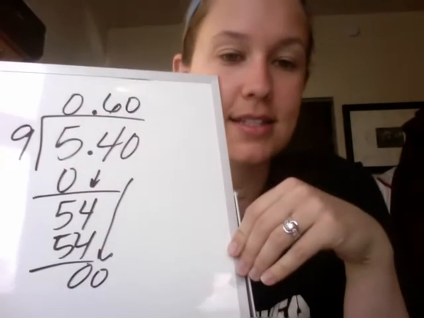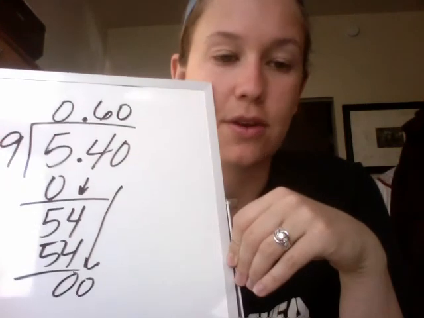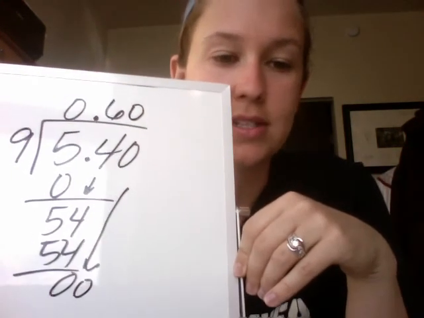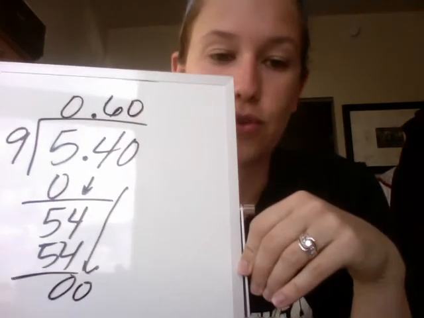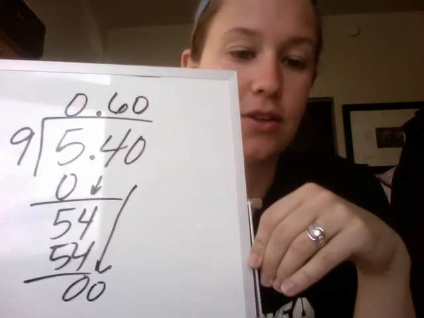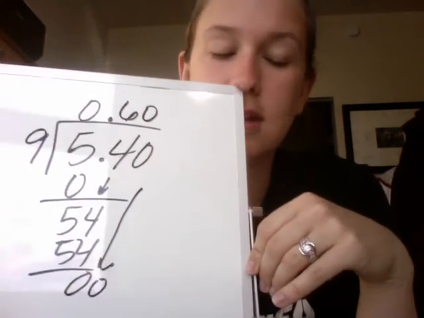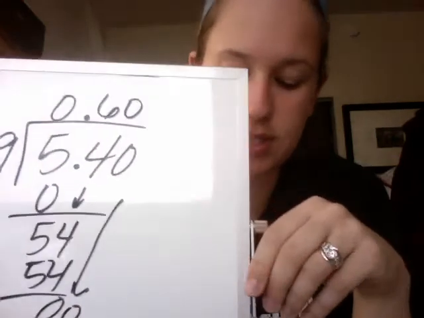Okay, it's 60 cents. 9 goes into 5 0 times. 5 minus 0 is 5. Bring down your 4. 9 goes into 54 6 times. There's nothing left over. So 60 cents. All right. Practice some more if you need to with a parent and do workbook exercises.